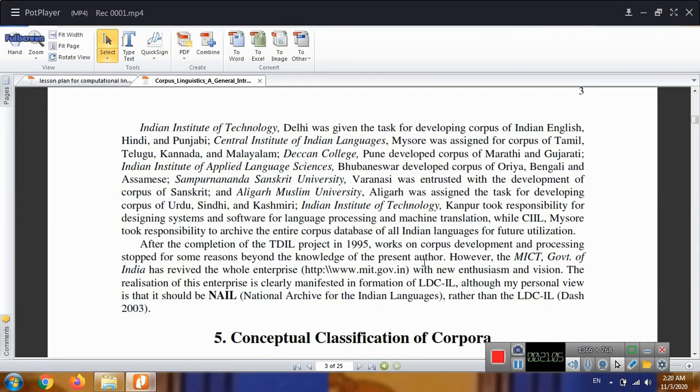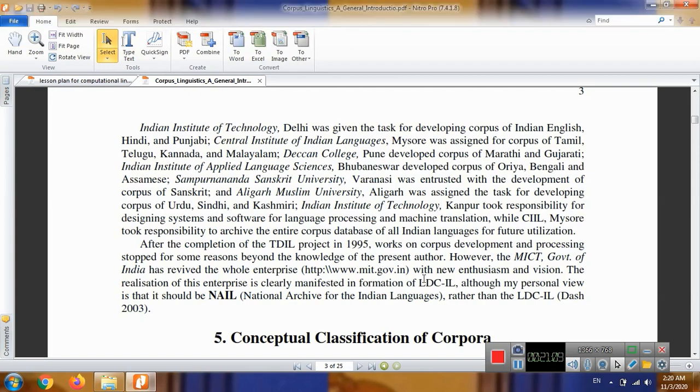Indian Institute of Technology, Delhi was given the task of developing corpus of Indian English, Hindi and Punjabi. Central Institute of Indian Languages, Mysore, was assigned corpus of Tamil, Telugu, Kannada, and Malayalam.